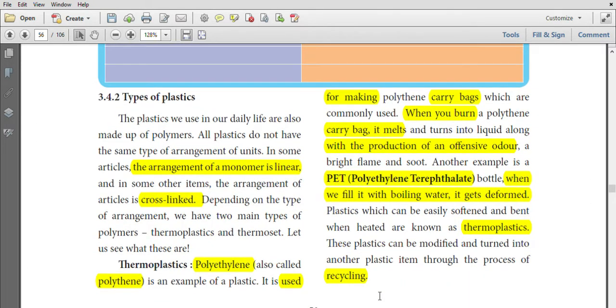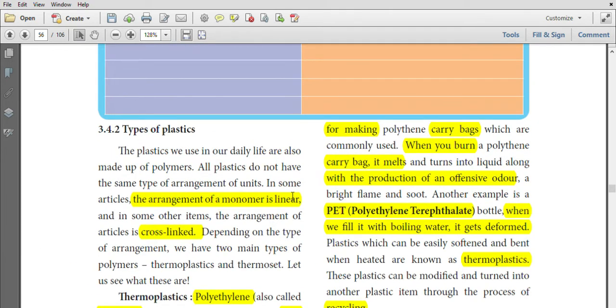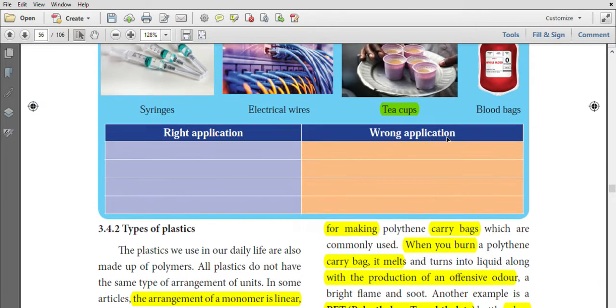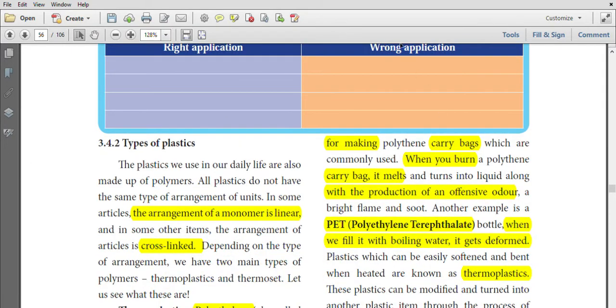Types of plastic. The arrangement of monomers is linear or cross-linked in plastics. Polyethylene, otherwise called polythene, is used for making carry bags.